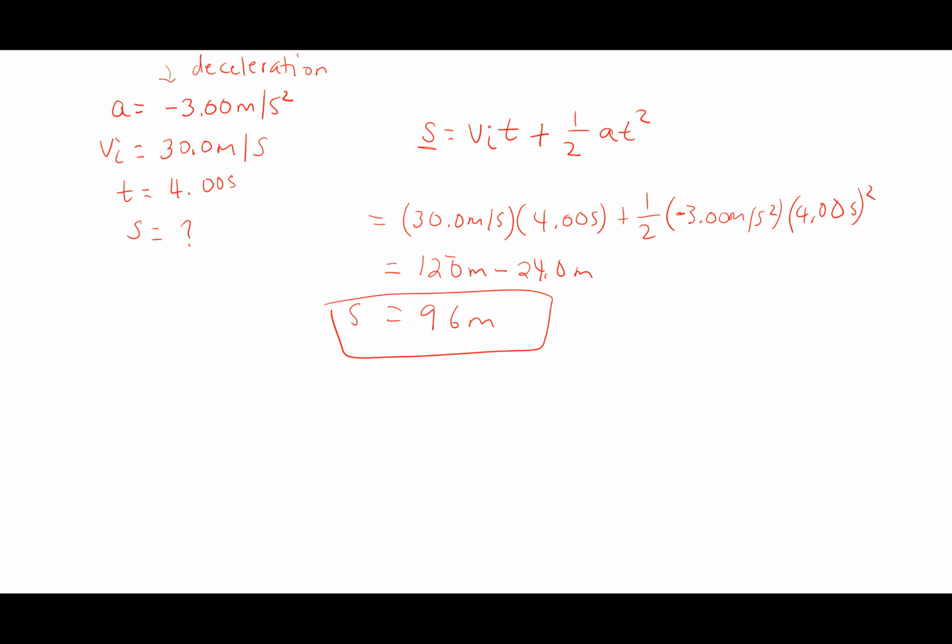Now let's look at one more. On this one, we've got an automobile that accelerates from 67 kilometers per hour to 96 kilometers per hour in 7.8 seconds. What is its acceleration in meters per second squared? So we know our final velocity is 96.0 kilometers per hour.